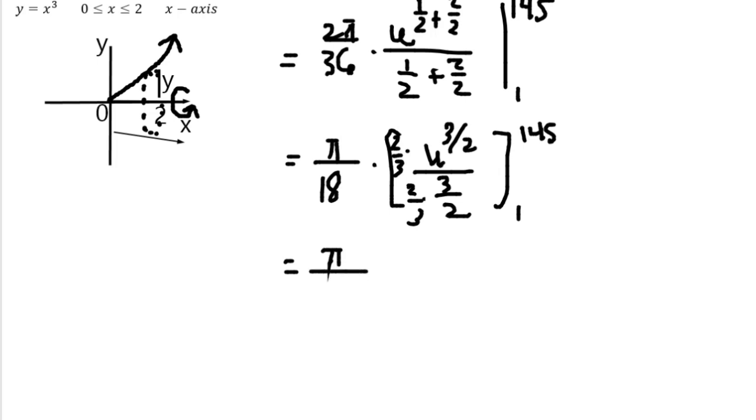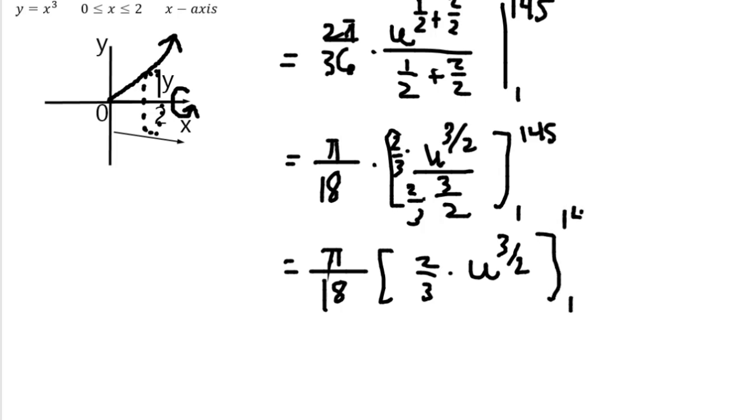So we got 2/3 multiplied by 3 over 2 from 1 to 145. Okay, now let's multiply. If we multiply it, we will get pi over 27. It's 9 times 2.